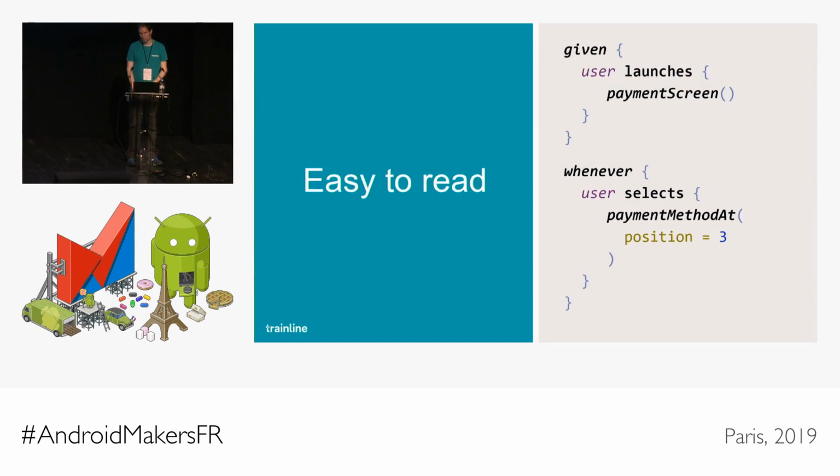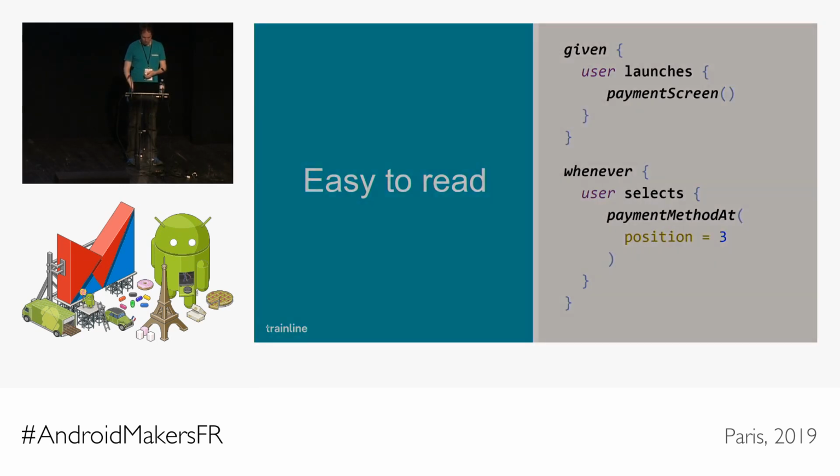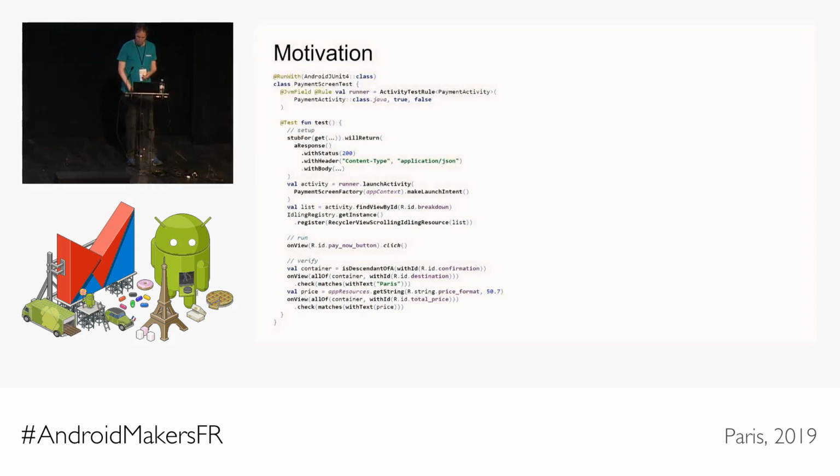So now I will go through how to start building the DSL from scratch. It's a really simple domain-specific language for UI tests. The motivation for this is Espresso code. It's not too readable. You don't need to read it. It's complex. That's the standard way of doing Espresso.